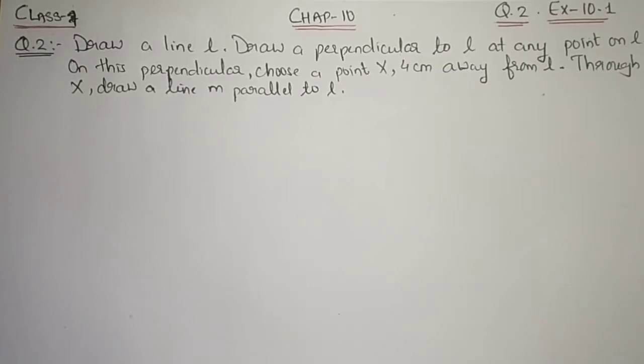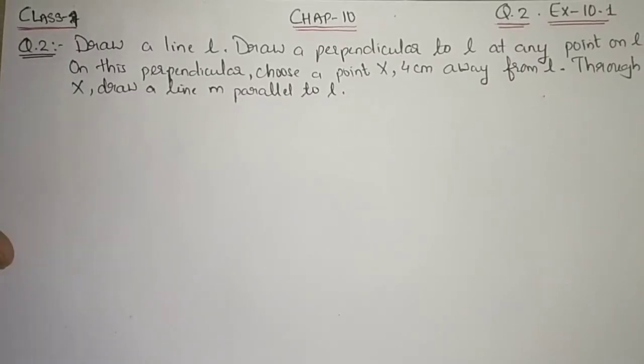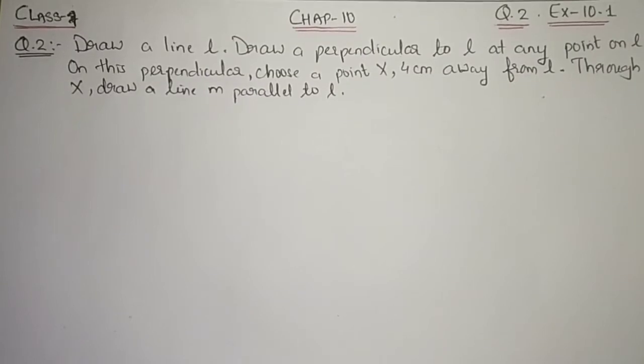That is exercise 10.1 question number 2. Let me first read question number 2 and then we can draw the construction accordingly. Draw a line L. Okay, students, we will read the question and draw the construction as they have told.